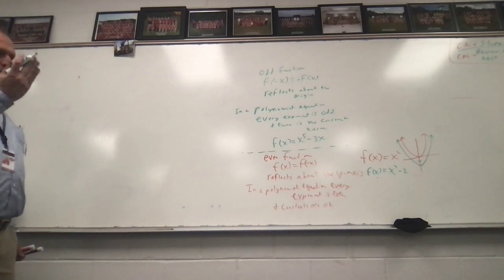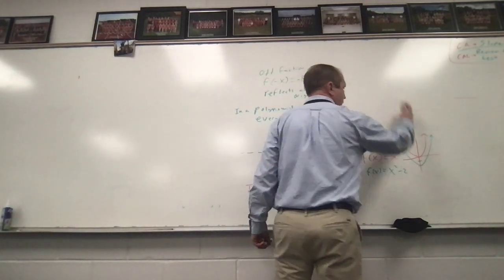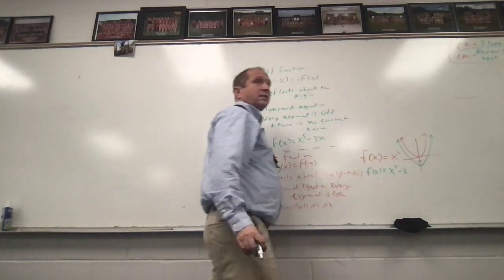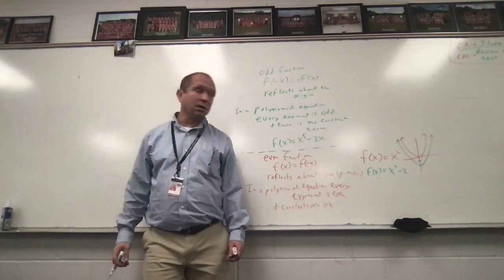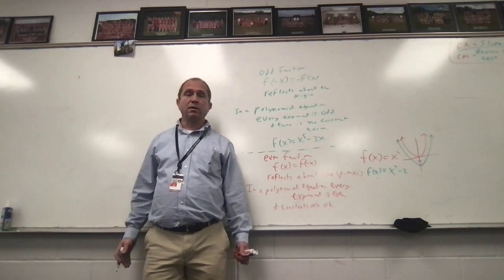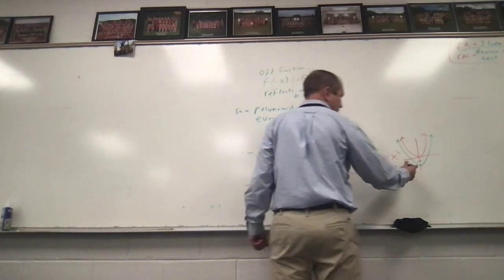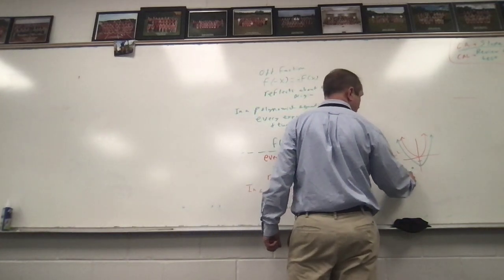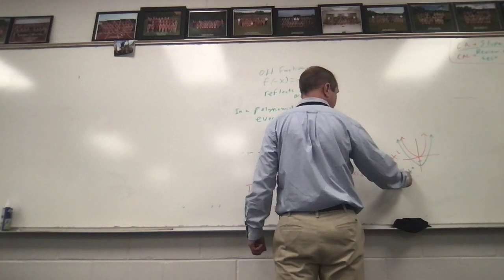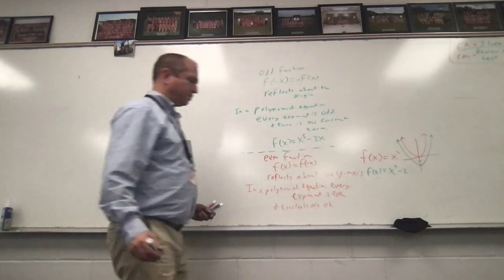That had no bearing on the fact about it reflecting about the y-axis. It still reflects about the y-axis. So f of x equals x squared minus 2 is another example of an even function. And of course you can think about this as being minus 2x to the 0 power, and of course x to the 0 power, 0 is an even value.